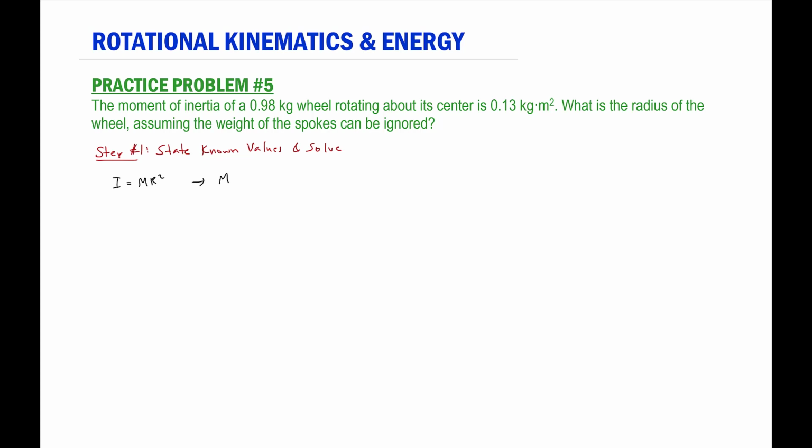We know that m is equal to 0.98 kilograms, and we know that the moment of inertia, I, is equal to 0.13 kilogram meter squared. So we're trying to solve for r, which is the square root of I over m. R is equal to the square root of 0.13 divided by 0.98. And so R is equal to 0.36 meters. And that's all this question is asking for.